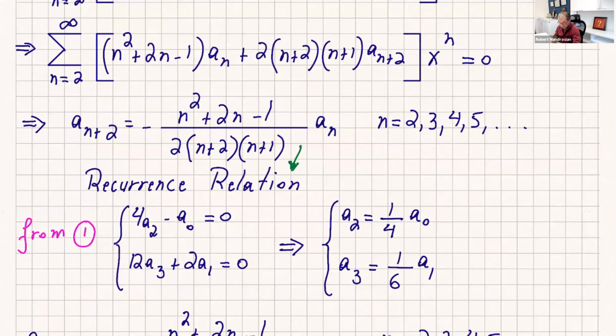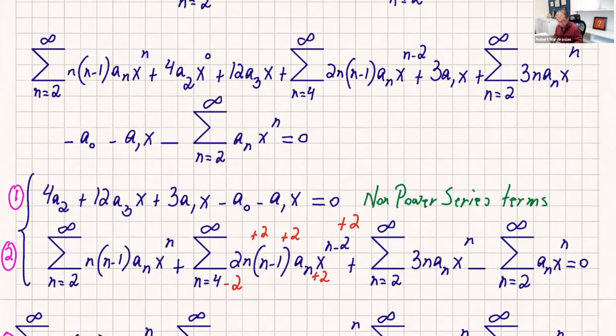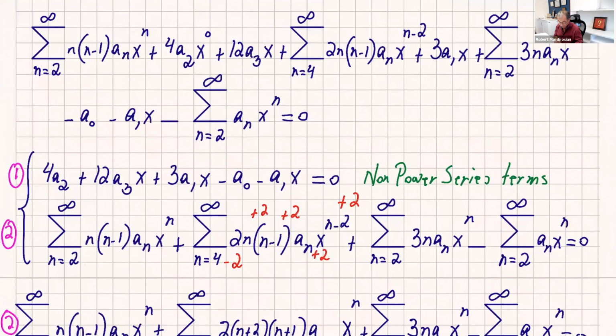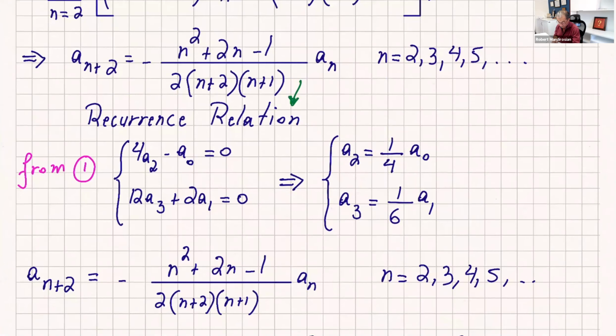For the constant terms, if we go back here to number 1, you take all the constants and put them equal to 0, and all the coefficients with x and put them equal to 0. Please try to redo this yourself, and you'll see it's going to become very clear.